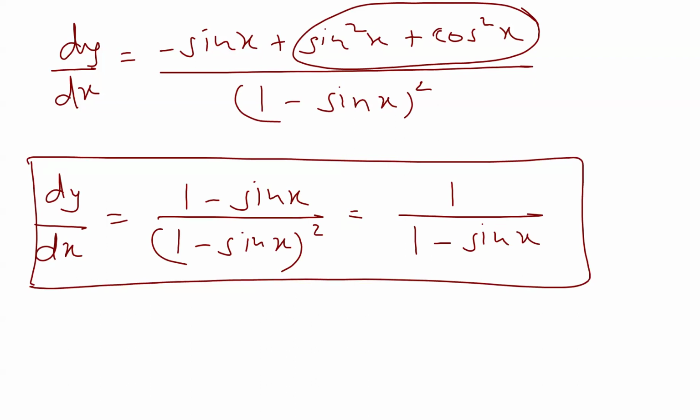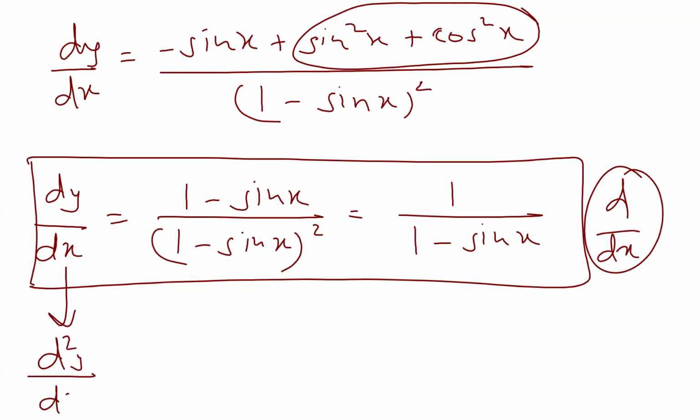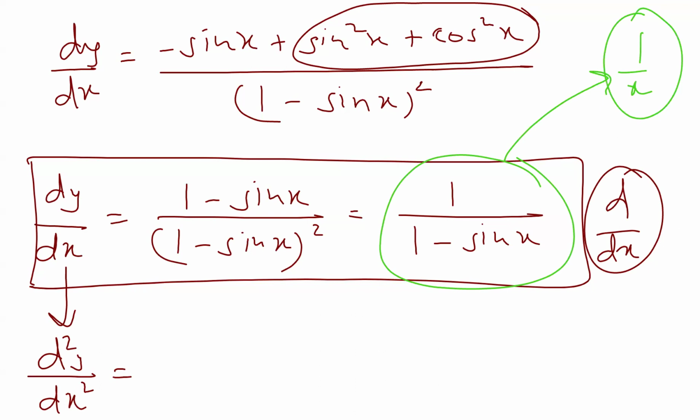Okay, then we'll derive this once again. So the derivative of dy by dx is d square y by dx square. Now over here, we are going to use the 1 upon x formula. Derivative of 1 upon x is minus 1 upon x square. So derivative of 1 upon 1 minus sin x is minus 1 upon 1 minus sin x the whole square, into d by dx of 1 minus sin x.